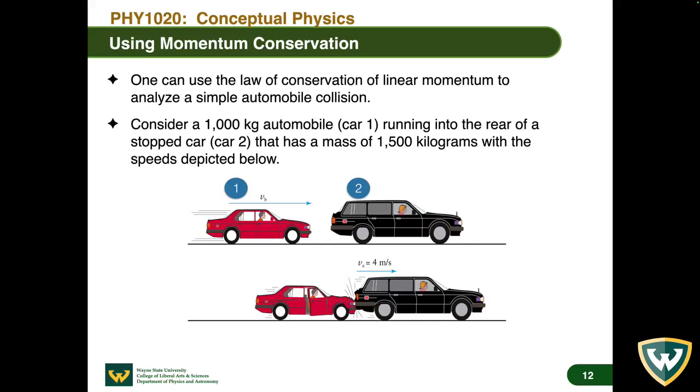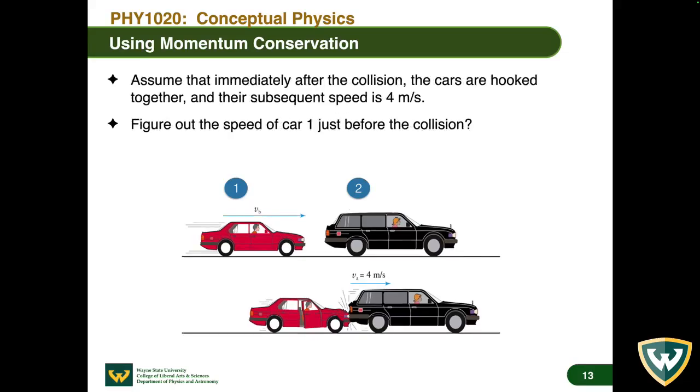And we are told that the red car smashes into the black car, and then together they end up going at a velocity of 4 meters per second. So let's assume that right after the collision, the two cars are somehow jammed together and are now moving at 4 meters per second.